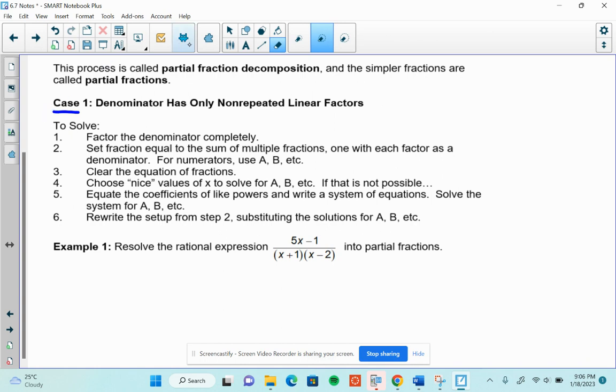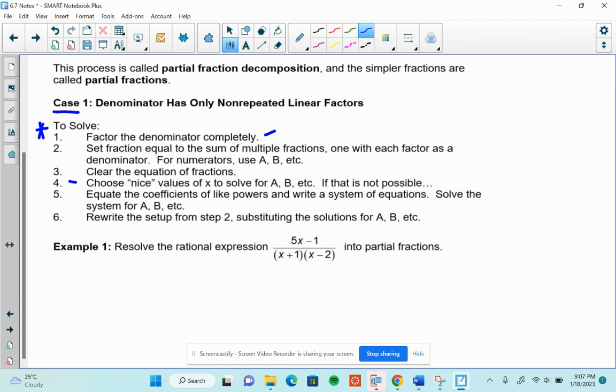So here's the process that we go through to write a partial fraction decomposition. You have to make sure your denominator is factored completely. You set the fraction equal to the sum of multiple fractions, one for each factor in the denominator. You clear the equation of fractions. You can choose nice values, and we're going to do this a lot.